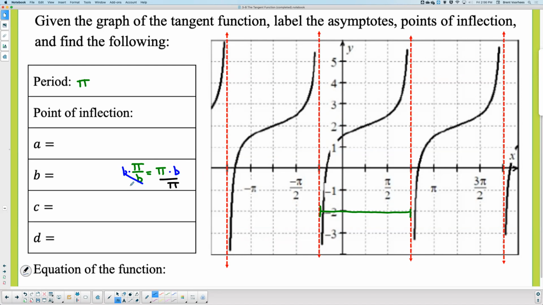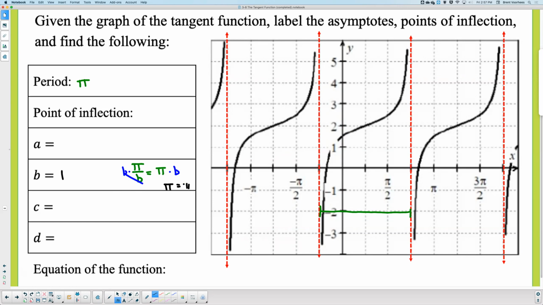When I divide that by pi, pi divided by pi is going to be 1. So b equals 1, because those cancel out. That's our b. B is 1. That doesn't make sense what I just did there, so I'm going to take some of that away. But that's what I would do last, is I would divide by that as well. Okay, so b is 1.